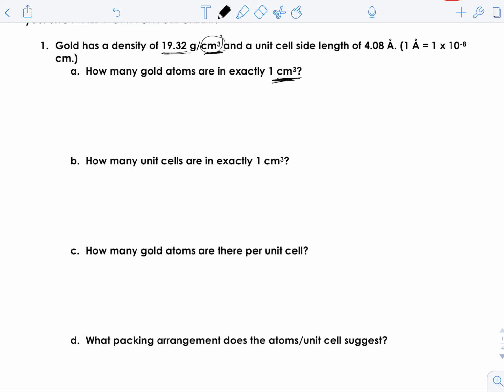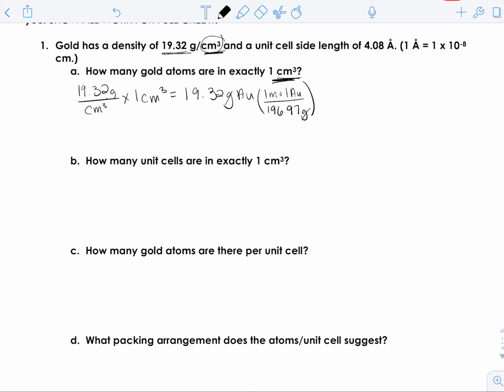Okay, so we're going to take our 19.32 grams per centimeter cubed, multiply it by that volume of 1 centimeter cubed, giving us 19.32 grams of gold. Then from here we can convert into moles of gold using our molar mass.